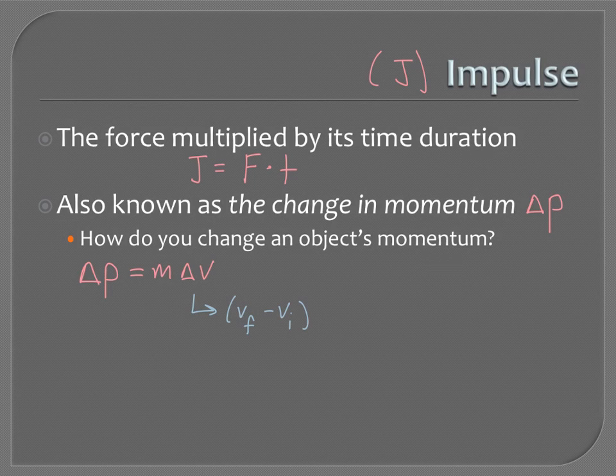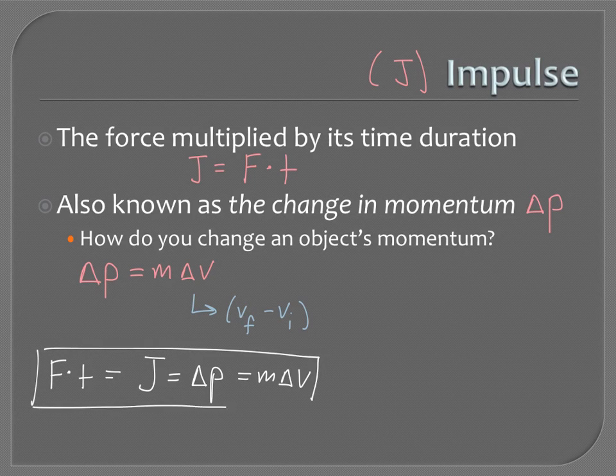Now if you take a look here, I mentioned before that impulse is equal to the change in momentum. So that means, I'm going to write this elsewhere, J is equal to delta P. But wait, delta P is also equal to m delta V. And if you look on the other side, J is also equal to F times T. So that means this entire chain here is all equivalent to each other.